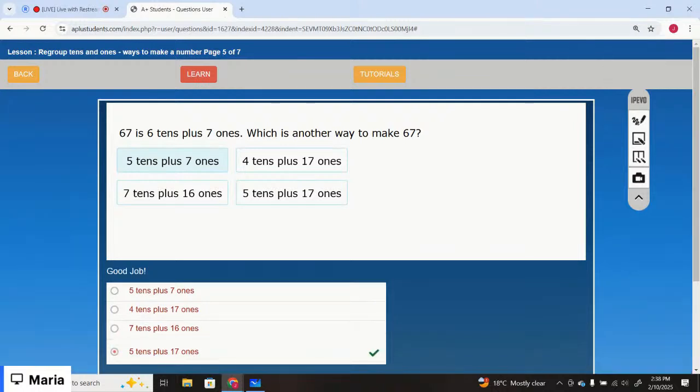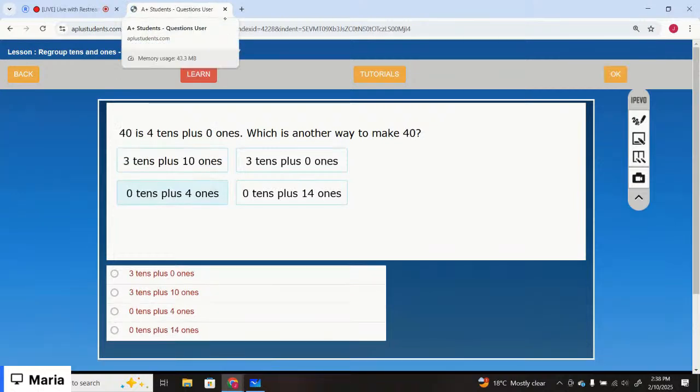That is 5 tens and 17 ones. 40 is 4 tens plus 0 ones, which is another way to make 40.